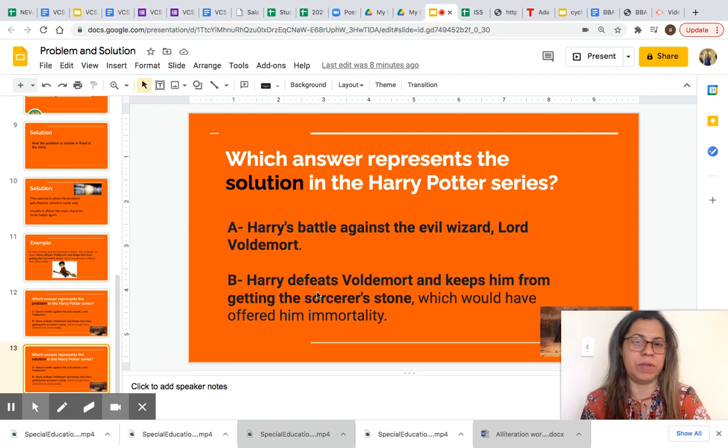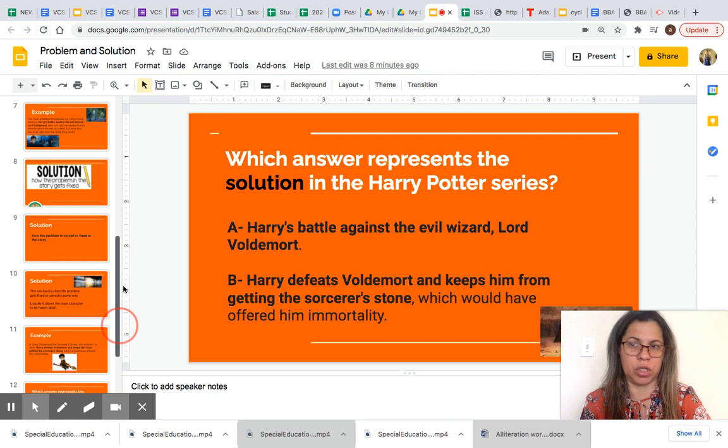B. Harry defeats Voldemort and keeps him from getting the Sorcerer's Stone, which would have offered him immortality. Which one here, A or B, is the solution to Harry's problems? Remember, the solution is when a problem is fixed in the story. Pause this video and choose the correct answer.